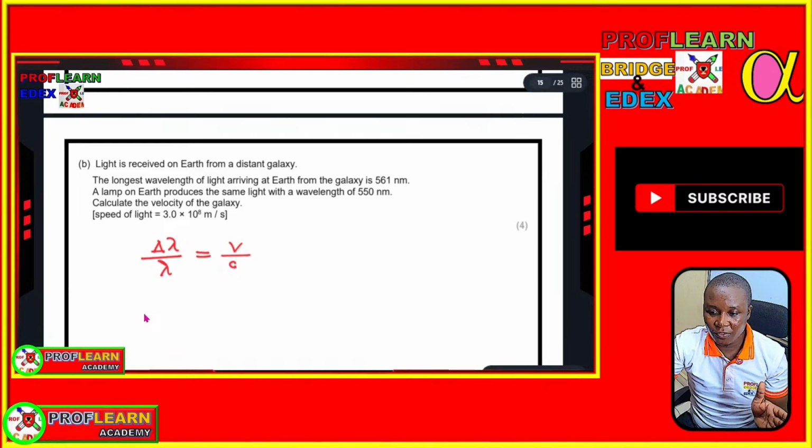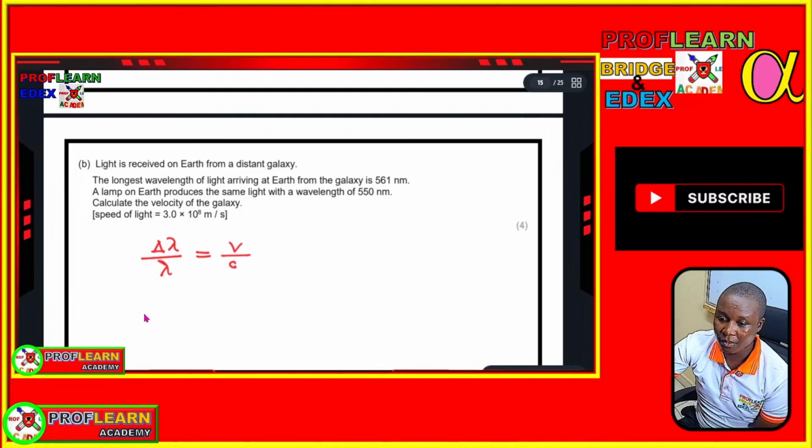So we say 561 minus 550 over 550. The wavelength you use in the denominator should be the wavelength in the lab, of the light from the lamp, and c is the speed of light. Then v is the speed of the galaxy.